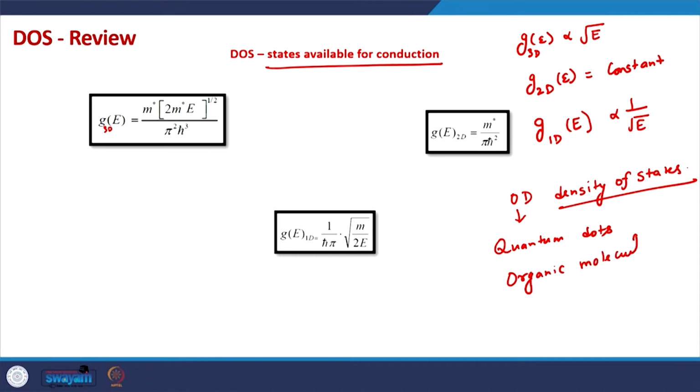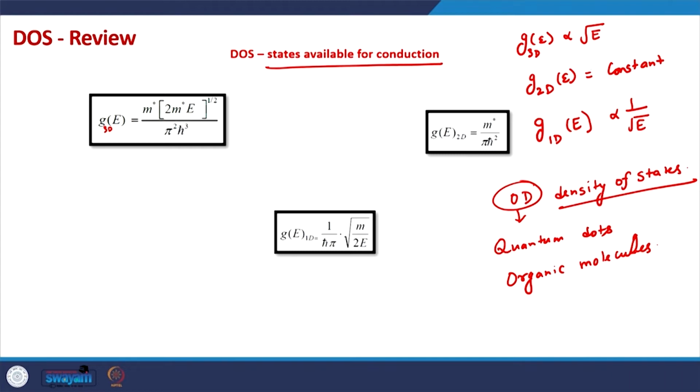By the way, organic molecules are nowadays being used in many novel electronic devices. For example, DNA molecules are being tested for their electronic properties, and in some devices they find interesting applications. So organic molecules and quantum dots are examples of 0D material, and a 0D material is essentially a big molecule. It might be a single molecule or a combination of atoms making it a macromolecule, but it is like a molecule.